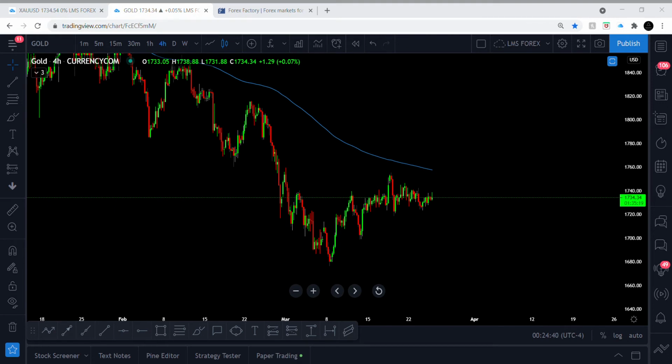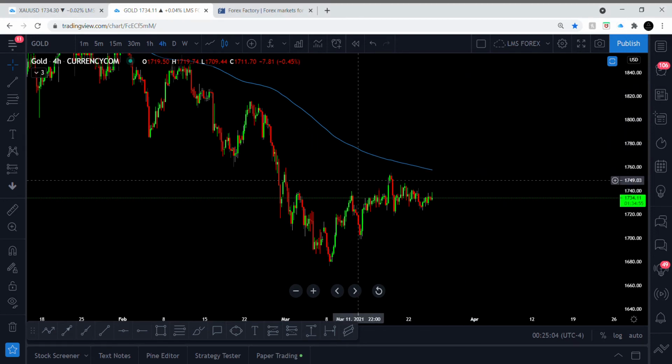There's no reason for you to be going past the daily. You're looking for something to hold 24 hours, so it shouldn't be more than a daily time frame. You can go down to the 15-minute time frame. And for scalpers, 1 hour, 30 minutes, 15 minutes, and 5 minutes works really good.